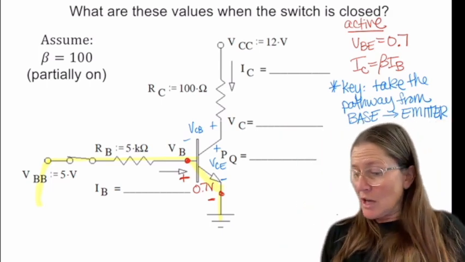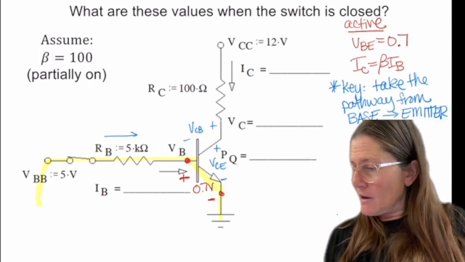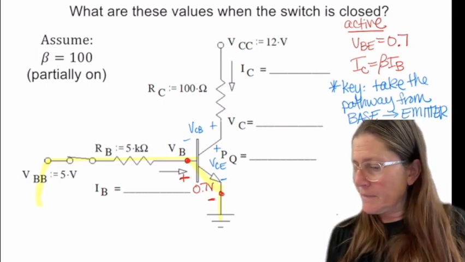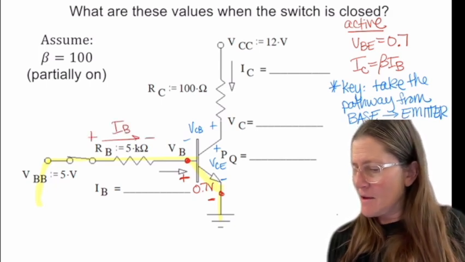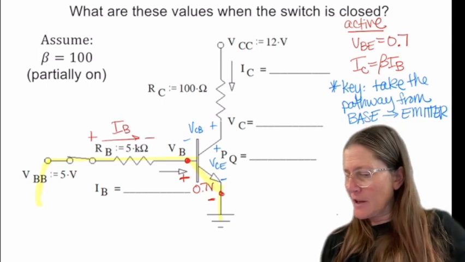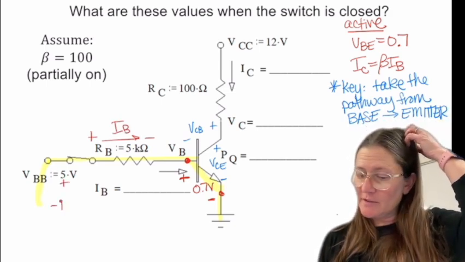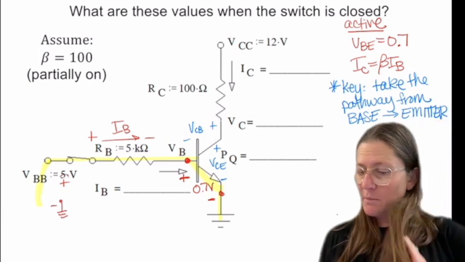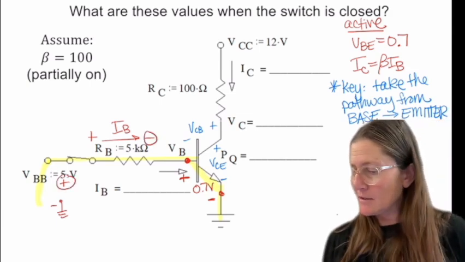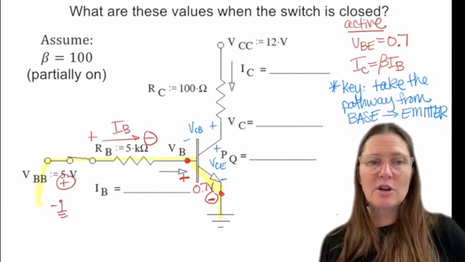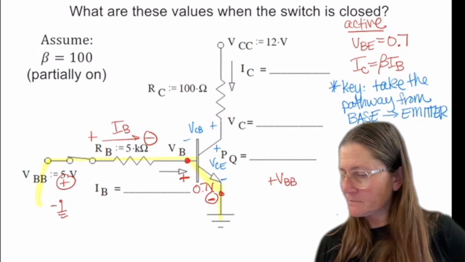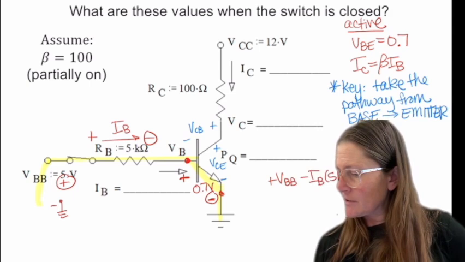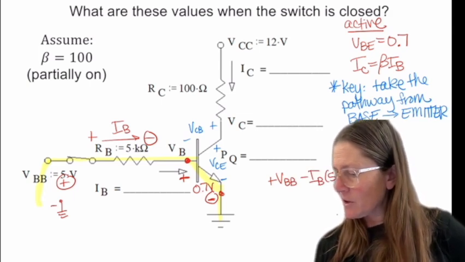All right, so when we do that, we have IB here. This is plus to minus at ground, so plus, minus, minus, and then I'm back to ground. So plus VBB minus IB times 5K minus 0.7 equals 0.